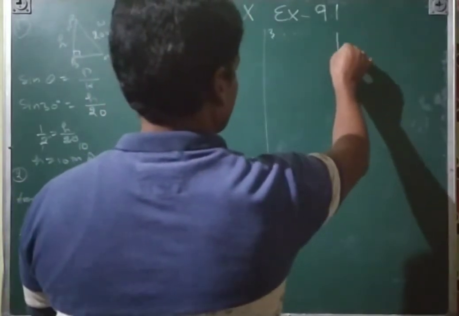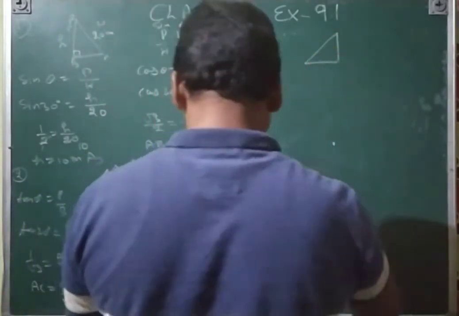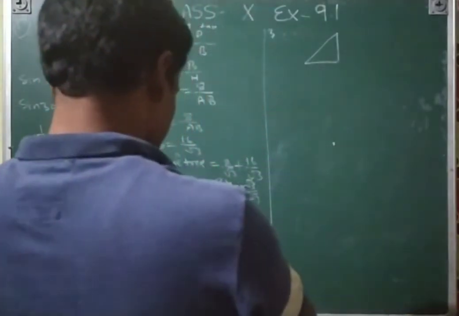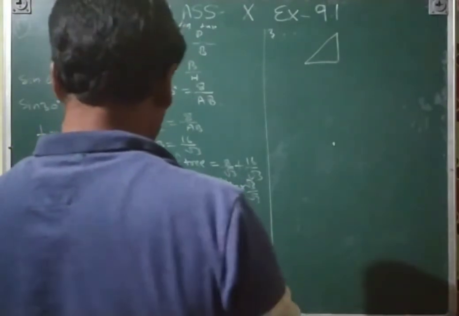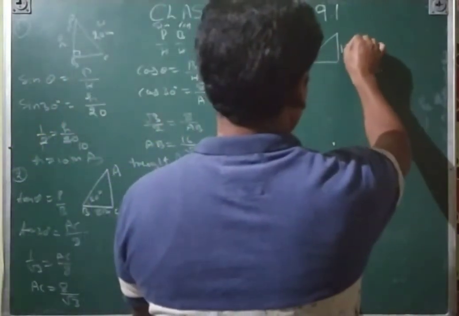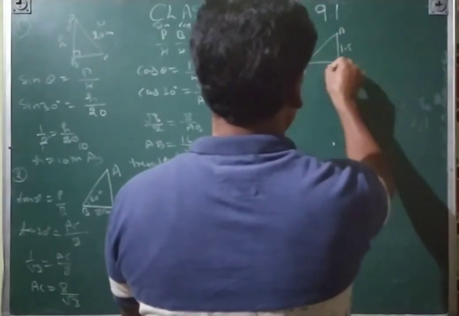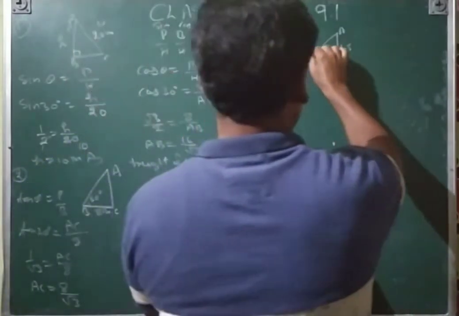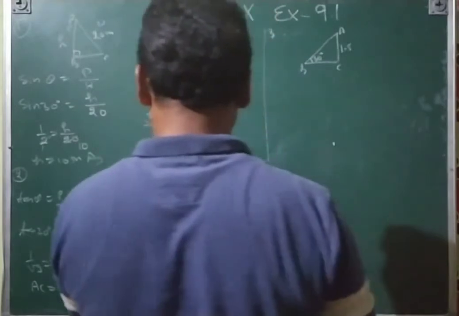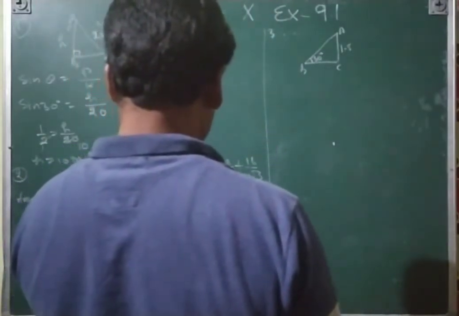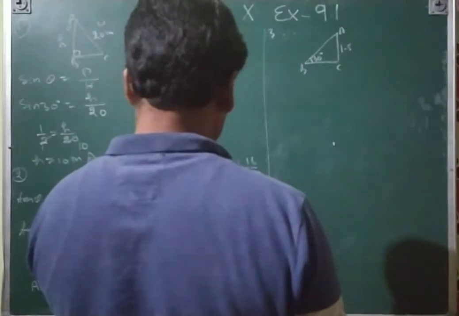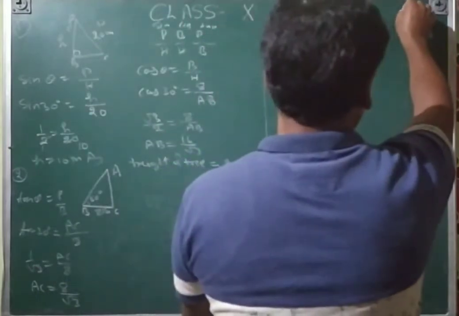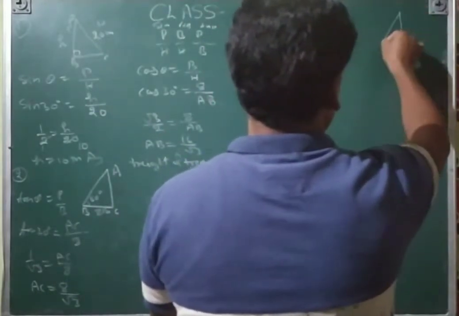So the first slide is this one, and for children below 5 years the height is 1.5 meter. A, B, C, and then the inclined angle is 30 degrees. Whereas for elder children, she wants to have a steep slide at a height of 3 meter. So the next slide will be 3 meter height.